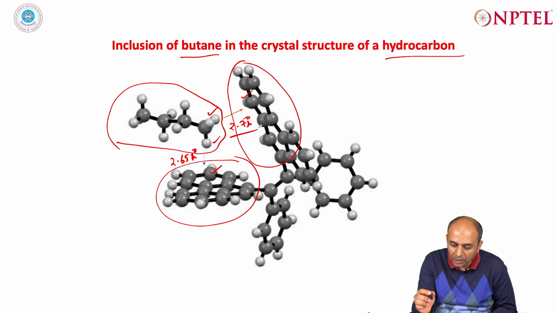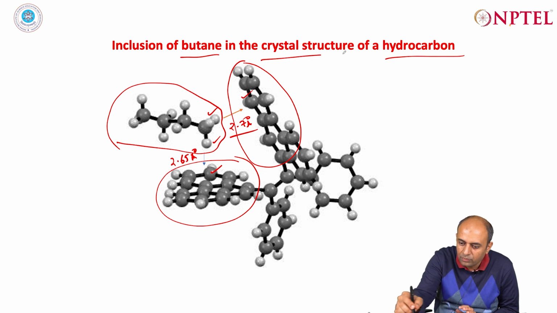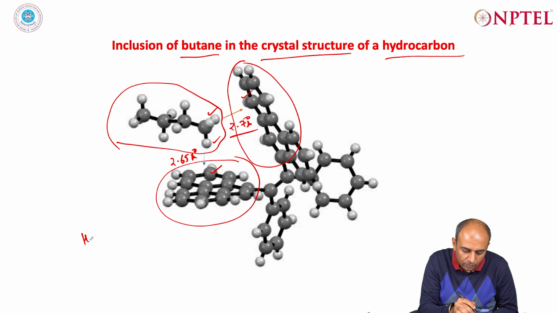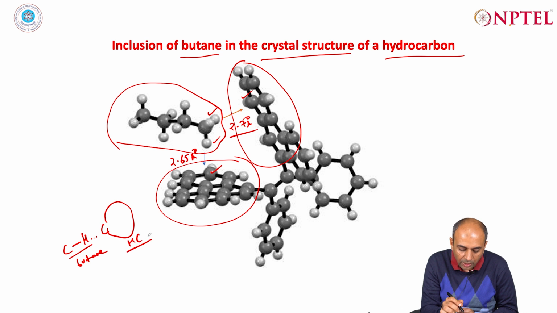Now these distances are from the crystal structure. The hydrogen comes from the CH of the butane, and the carbon is from the aromatic hydrocarbon, and this distance is 2.7 angstrom.